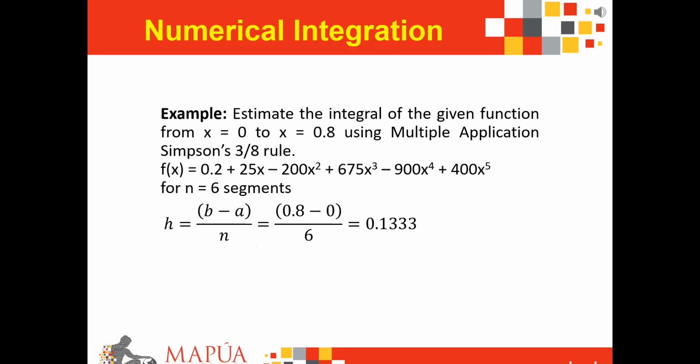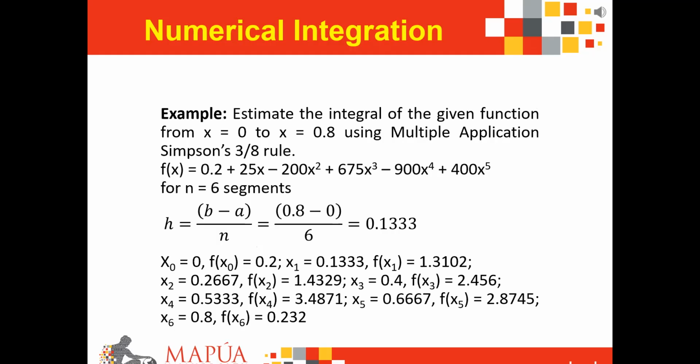Substituting this step size onto your important values of x, starting from the lower limit value of x0 equal to 0, we end up with x1 having 0.1333, and x2 of 0.2667, and x3 of 0.4, and x4 of 0.5333, and x5 of 0.6667, and an x6 of 0.8, all the way to your upper limit value.